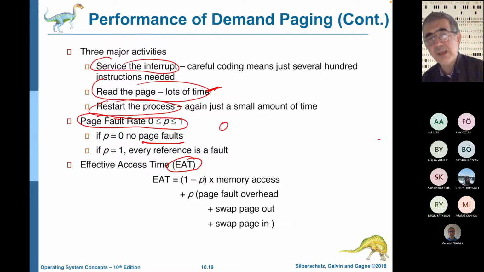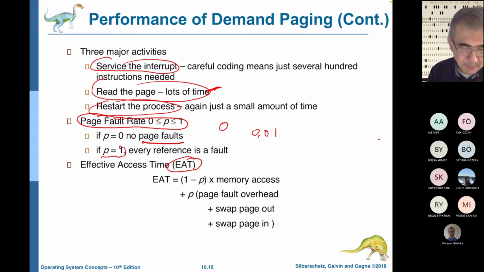This is the case when logical memory is equal to physical memory, or your physical memory is good enough to contain everything you need in terms of the applications. But if the applications demand more memory at the same time, and the memory is not sufficient, then there is a probability that some pages are not in the memory but on the disk. Therefore, p is greater than 0. If p is 1, all the references are page faults.